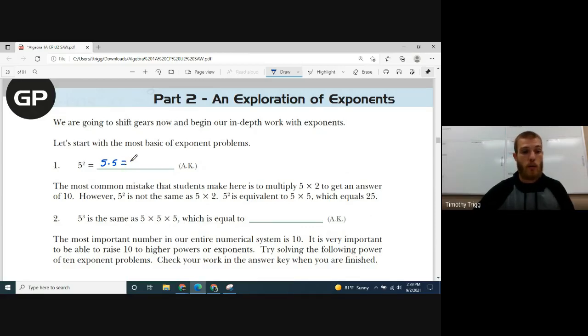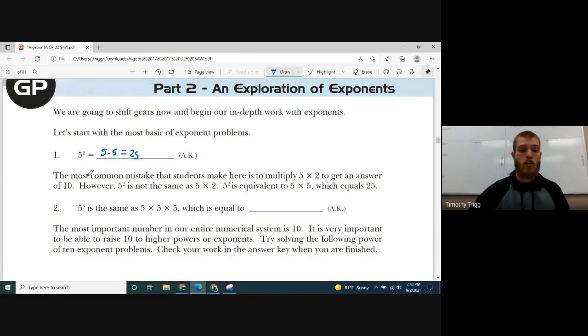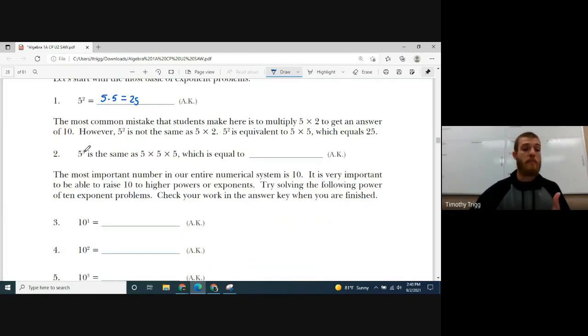So that gives you 25, because it's just 5 times 5. Now, I know a lot of people will see 5 to the power of 2 and they'll put 10. That's not right. 5 to the power of 2 does not mean 5 times 2. It means 5 times 5. So that's 25.